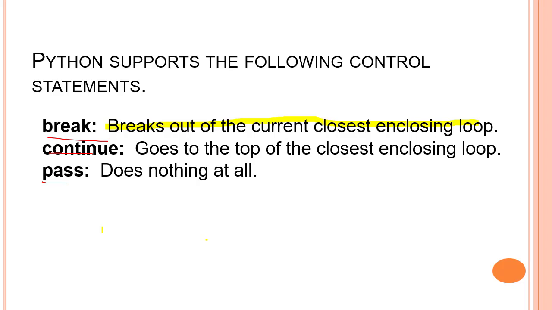If the break statement occurs, it will just get out of the while loop and will not execute anymore. Now moving to continue, it goes to the top of the closest enclosing loop. If you write continue, it will just skip that iteration and move into the next part. And pass, as its name suggests, will just pass and do nothing much.